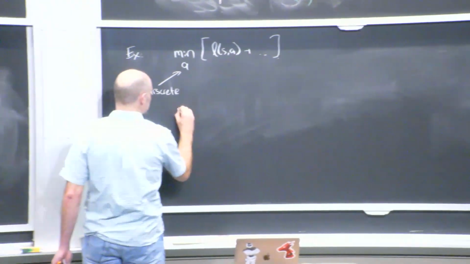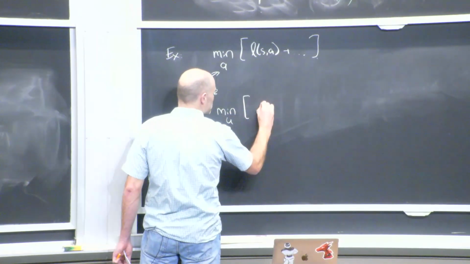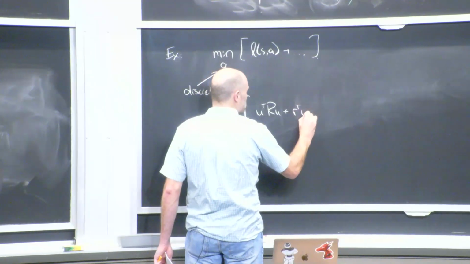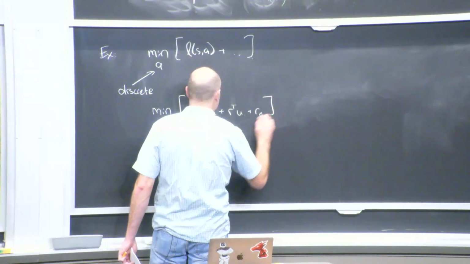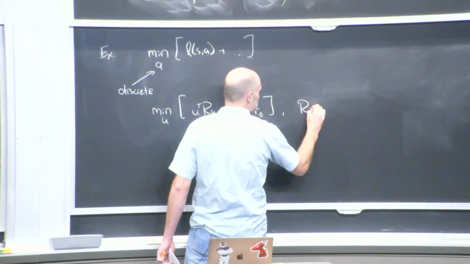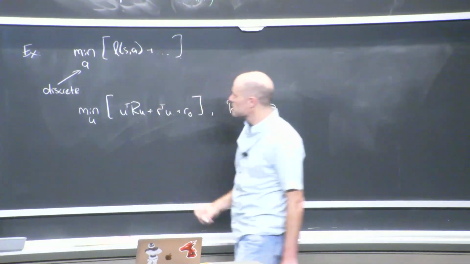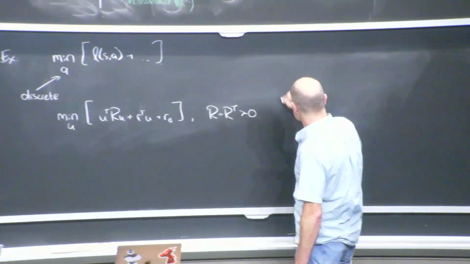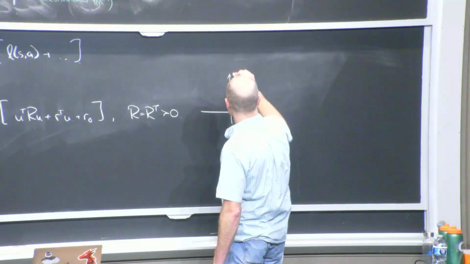We also saw some cases where you could solve that min nicely, right? If we had on the inside, for instance, some terms that were quadratic. So you write it like this. We saw that case where you're minimizing over u.